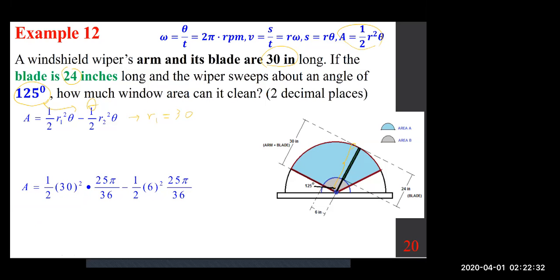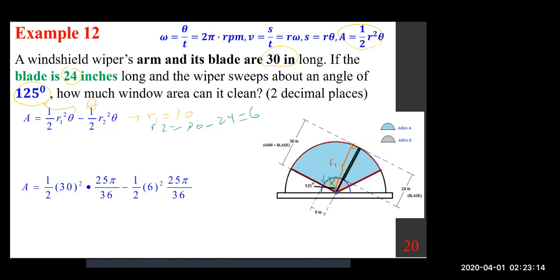So this distance is R1, and it creates the total area using R1 equals 30. But we want to use, let me use a different color, the smaller one, R2, where R2 is 30 minus 24, the difference of 6. So we can calculate the total area and subtract the gray area, and that gives us the answer.